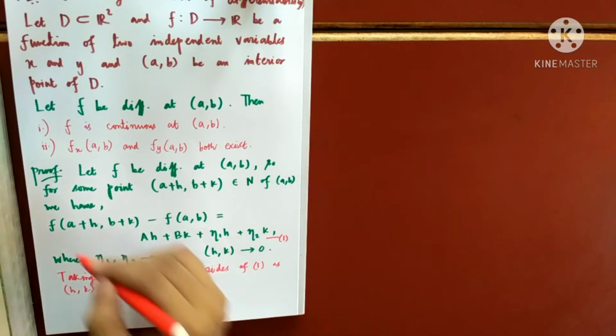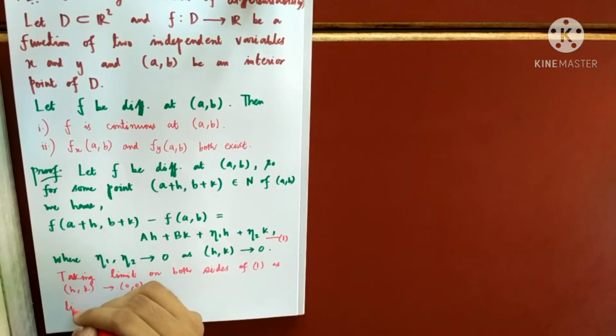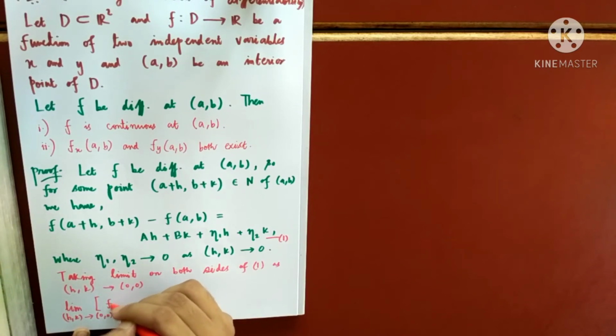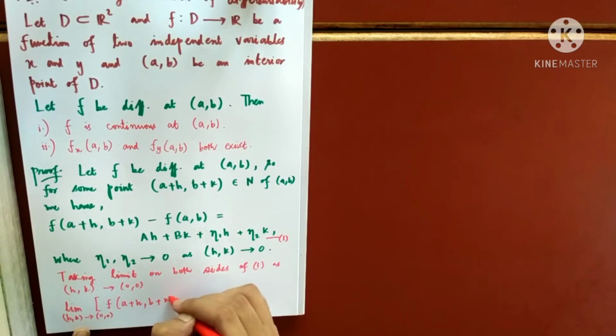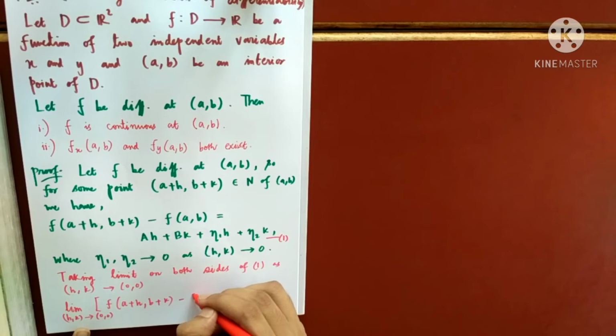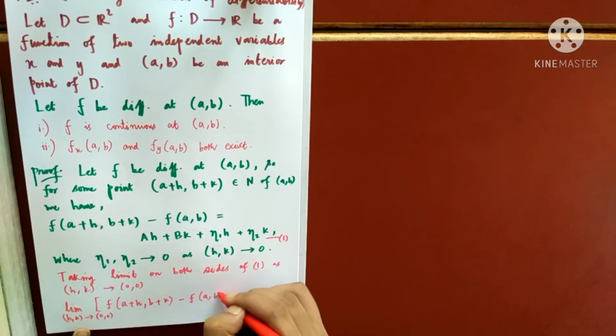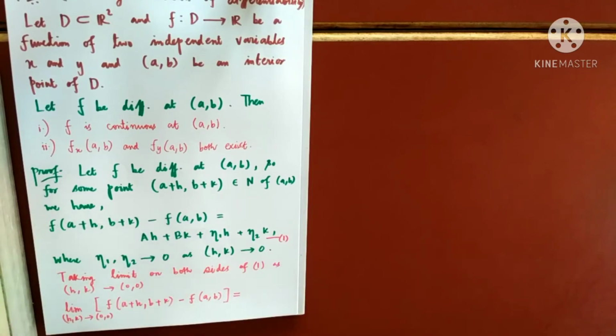So I'm taking the limit on the left hand side: limit h comma k tends to 0 comma 0. What is in the left hand side? The increment, that is this. What is the right hand side if I take the limit h comma k tends to 0 comma 0?